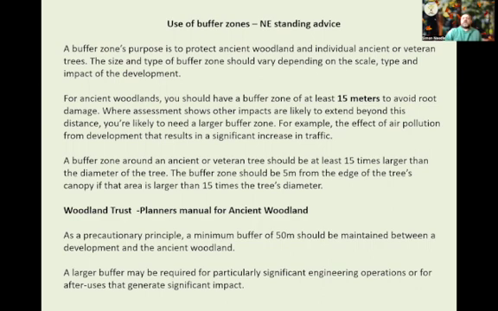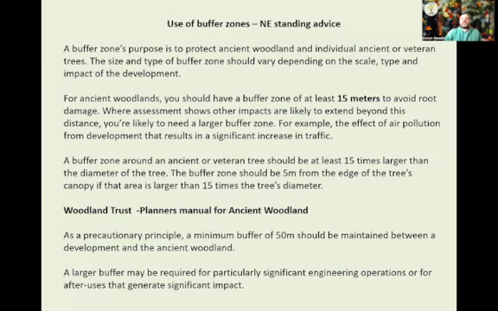For most trees, the RPA, or root protection area, is 12 times the diameter, so slightly larger there. And the buffer zone should be 5 meters from the edge of the tree's canopy if that area is larger than 15 times the diameter.